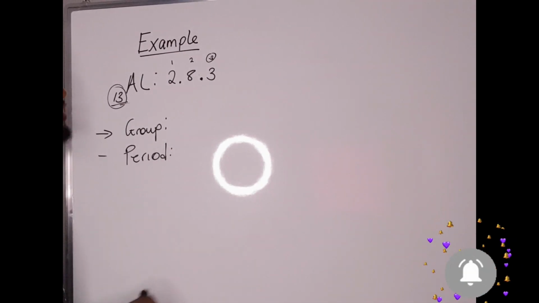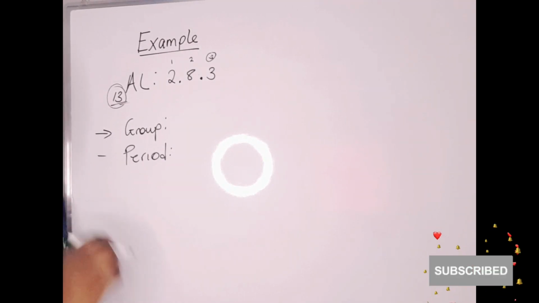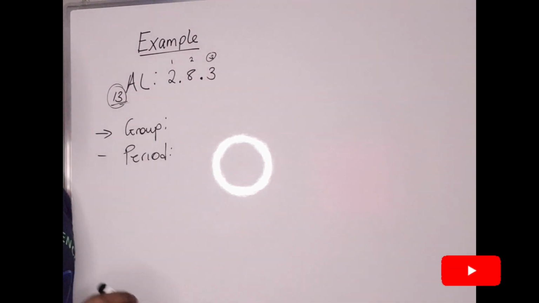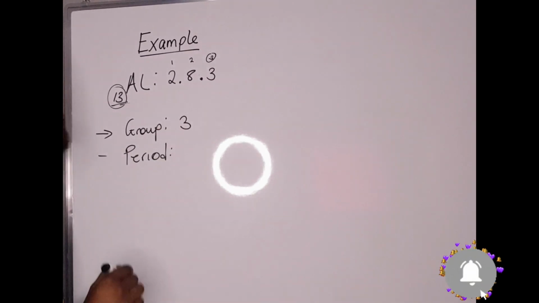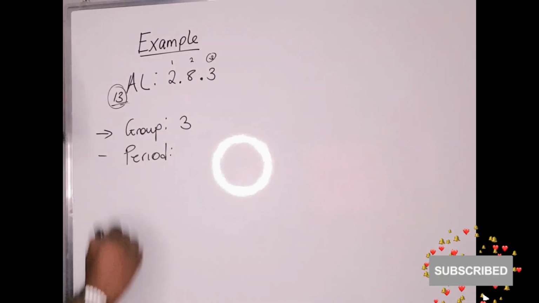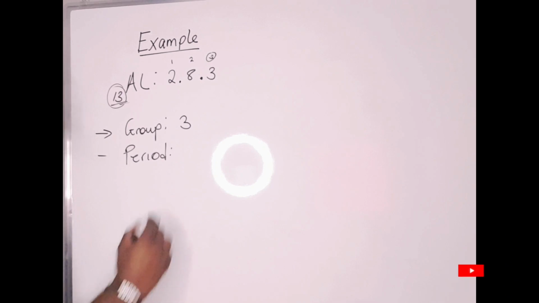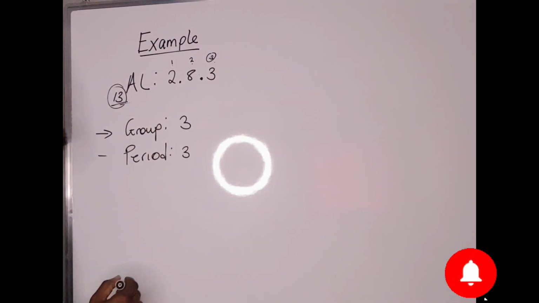In the third shell, we've got 3 electrons, 3 valence electrons. So meaning aluminium is found in group 3. Then for the period, you count the number of shells that are filled. So we have 1, 2, 3, so meaning also in period 3.